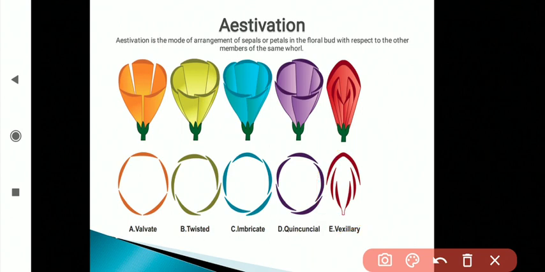So this is all about the arrangement and overlapping of floral parts, either calyx, corolla or perianth. This aestivation is applicable for the arrangement of calyx as well as corolla and perianth.